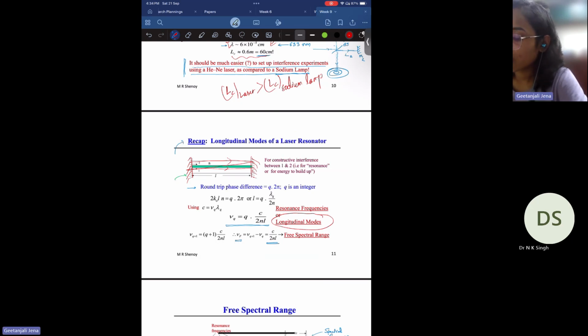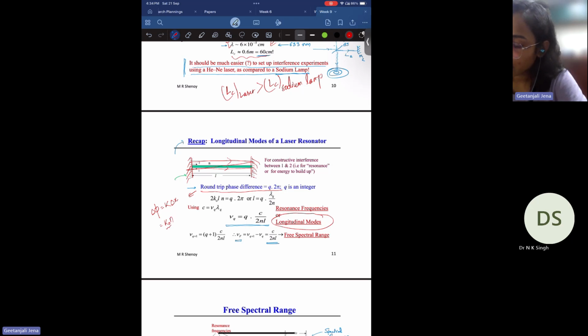For this, what we have done: for constructive interference, we require the round trip phase difference to be an integral multiple of 2 pi. And the round trip phase difference, if you recall, is nothing but k times the path difference, where k is k0 times n, the free space wave vector times the refractive index.